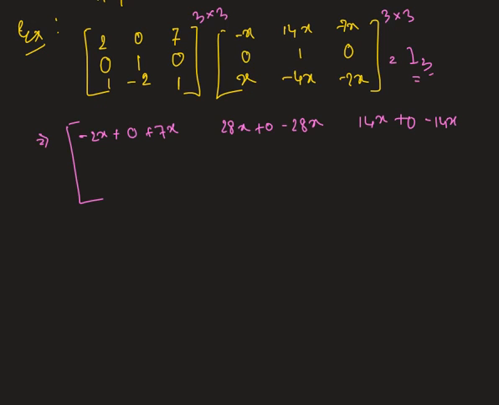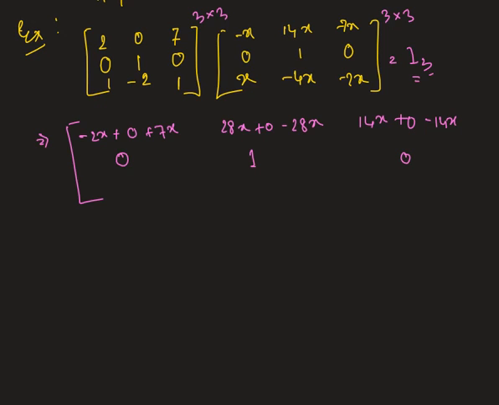Similarly, we define the next row also. In here, 0 multiplied by minus x is 0, 1 multiplied by 0 is 0, and 0 multiplied by x is also 0. So this element is going to be 0. For the next one we only have 1, and for the next element we only have 0.